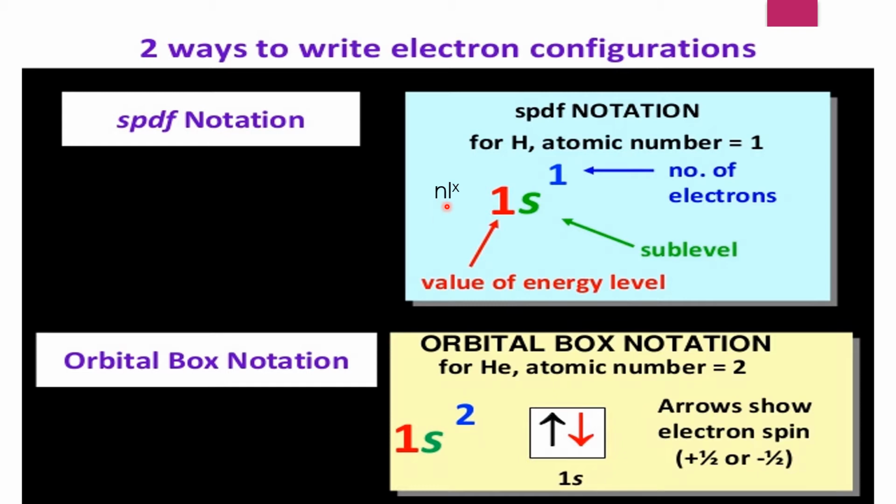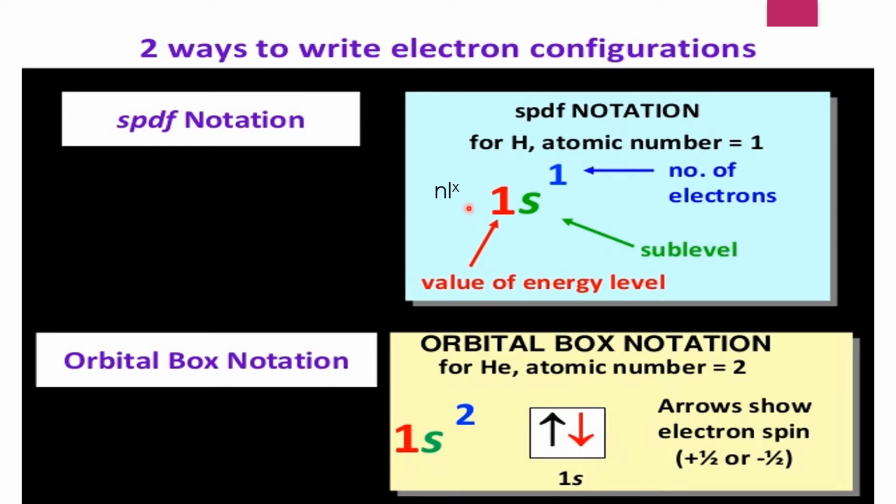Then l gives us the angular momentum quantum number, whether it is s, p, d or f orbital. So here n gives us the principal quantum number, l gives us the azimuthal or angular momentum quantum number, and x denotes the number of electrons present.